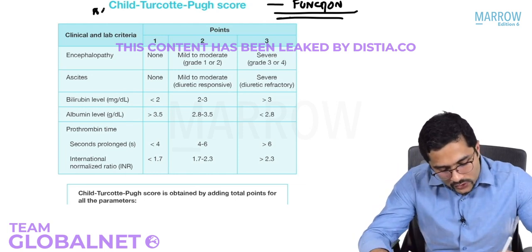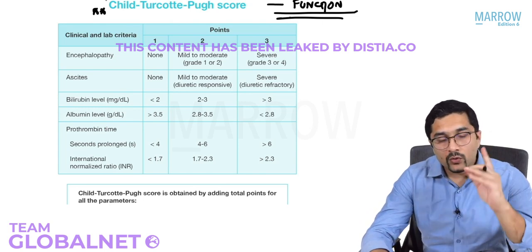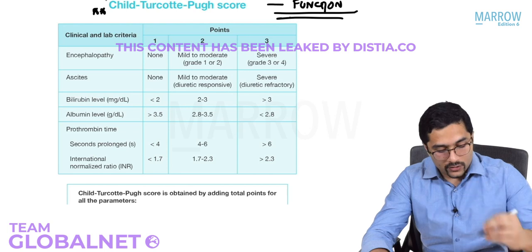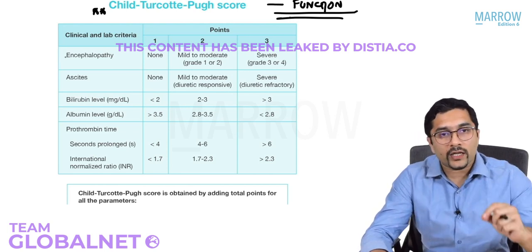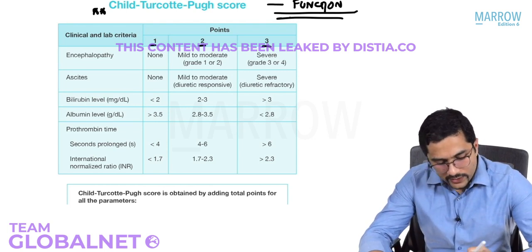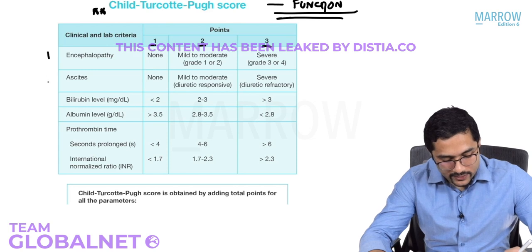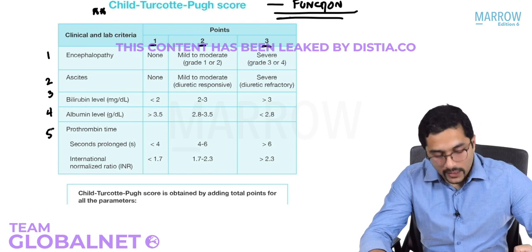Now, the Child-Pugh score is a super important score for your MCQ exams. You need to remember each and every detail. You need to know the parameters, you need to know the values, you need to know the scoring for the exam. So it is scored from 1 to 3 and there are 5 parameters: encephalopathy, ascites, bilirubin, albumin, and prothrombin time.